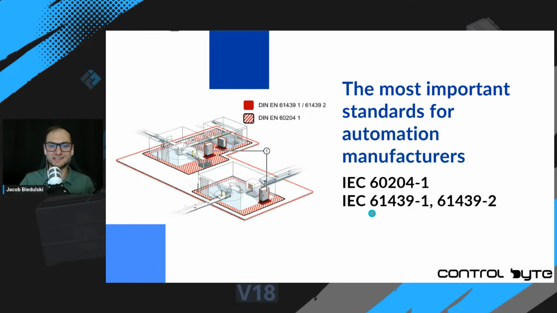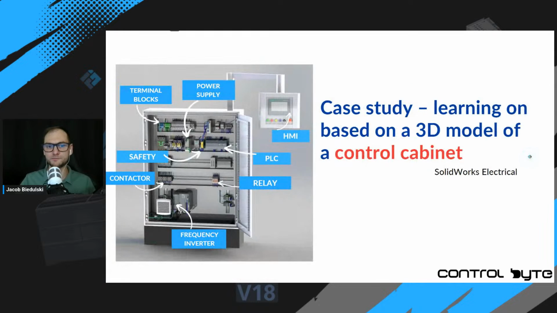Okay, and the second standard describes how the control cabinet, the control panel, should be designed to meet the standards. So we base our training on case study learning based on a 3D model of the control cabinet.